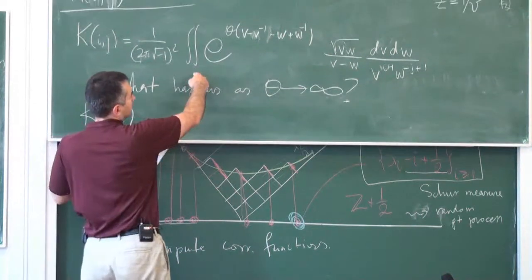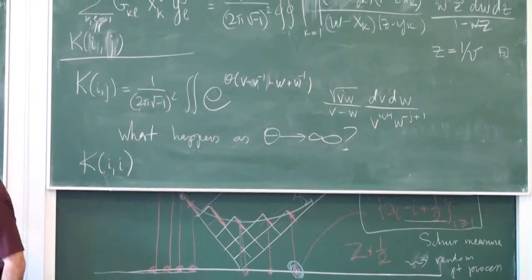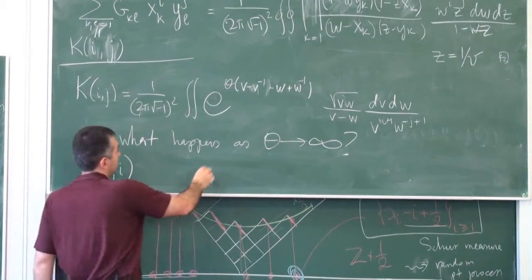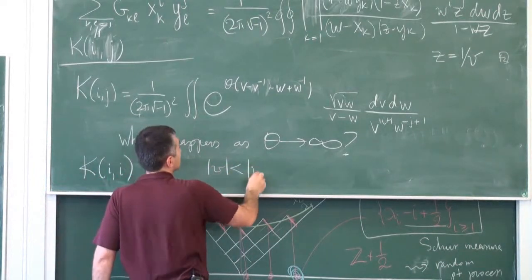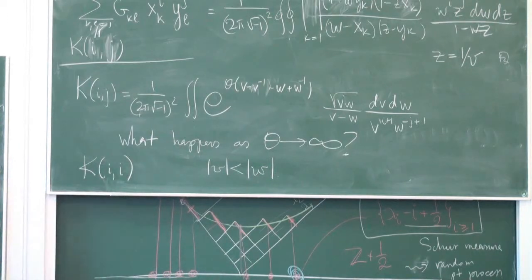I didn't put the contours of integration here, and I even forgot which one was the outside. Oh, I have it here. Okay. So I had the V contour inside the W contour. Right? Was it right? Okay, let's try.